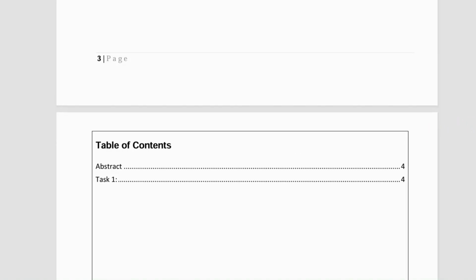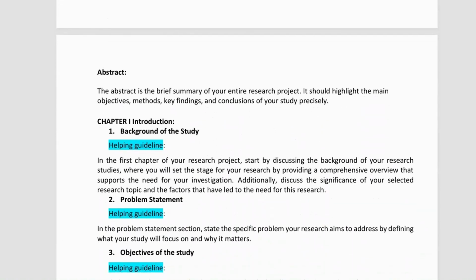Now, once you have provided the table of contents, you have to write a brief abstract to your research project. Abstract is basically a very concise summary that provides a quick overview of your entire research project.